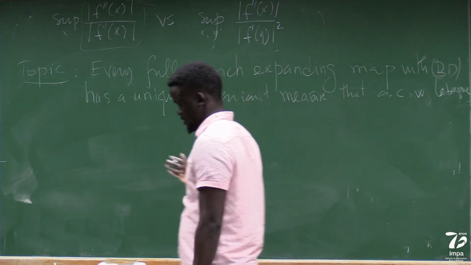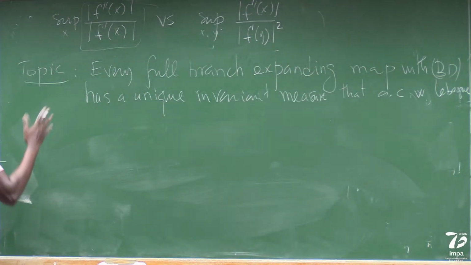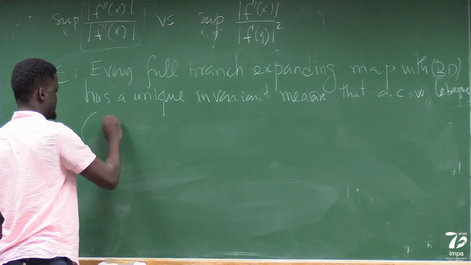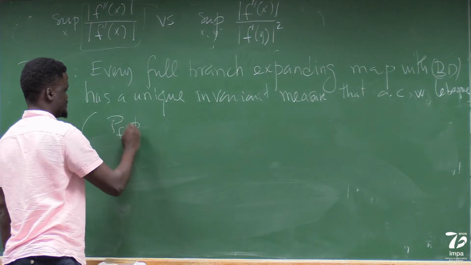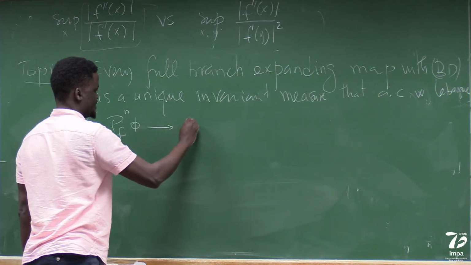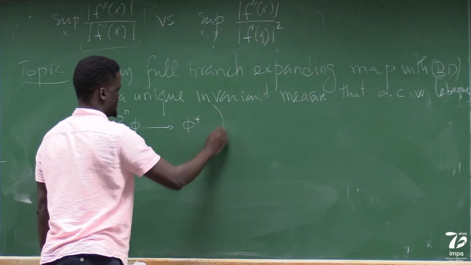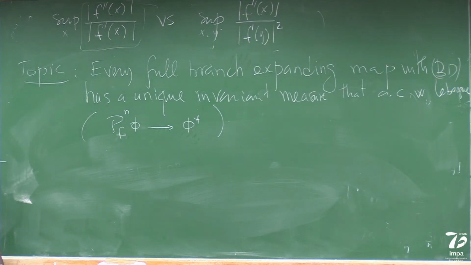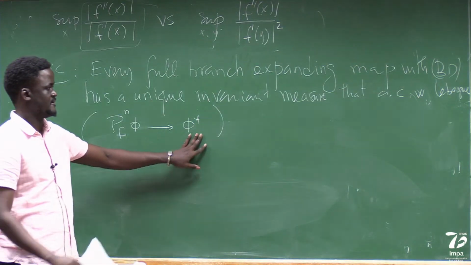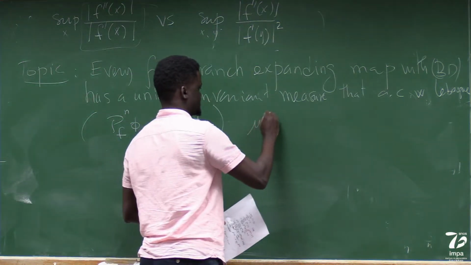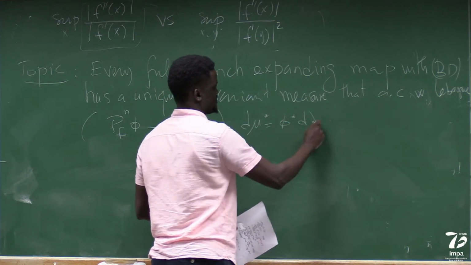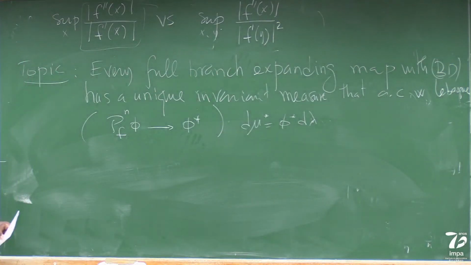Actually, with these conditions, you can prove that if you take the Perron-Frobenius operator P applied to any potential, it converges to some phi star, and this defines the invariant measure, mu star equals phi star dm, where m is Lebesgue.